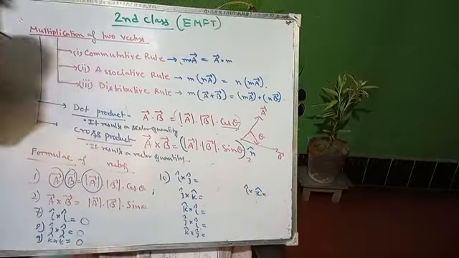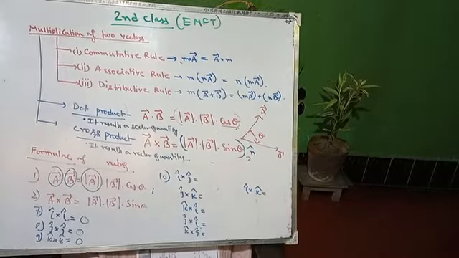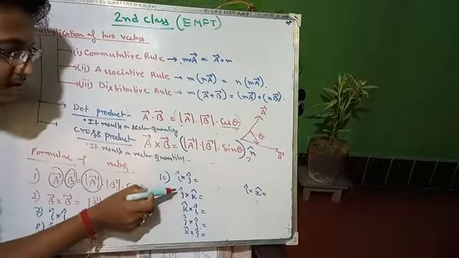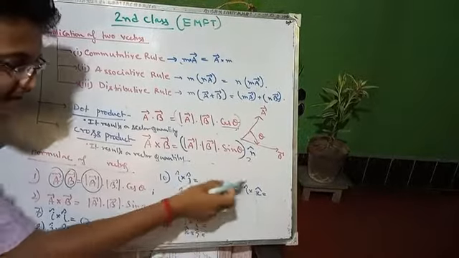There are 6 combinations: I cross j, j cross k, k cross I, j cross I, k cross j, and I cross k.